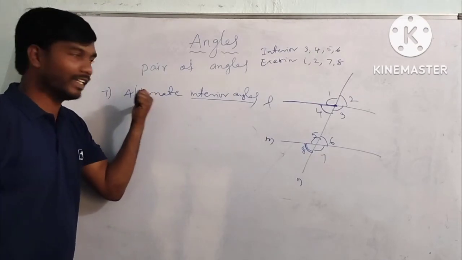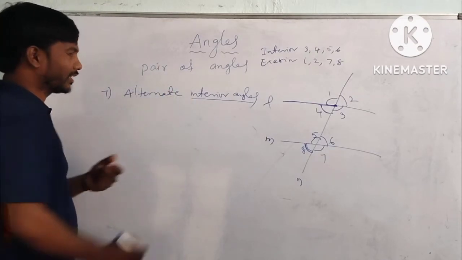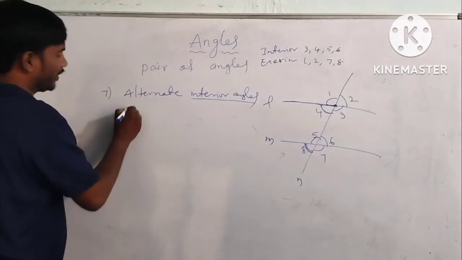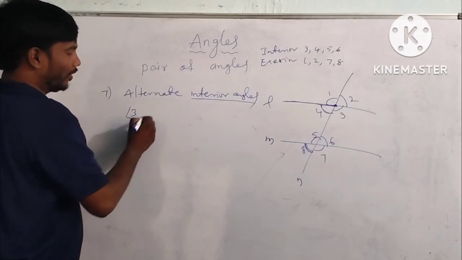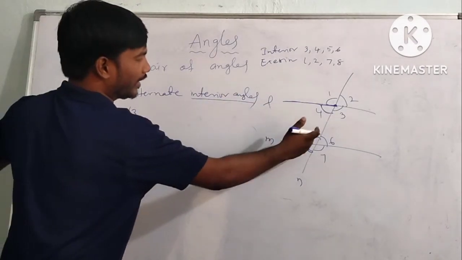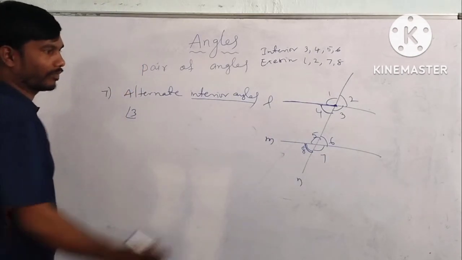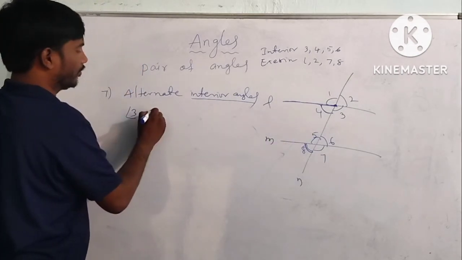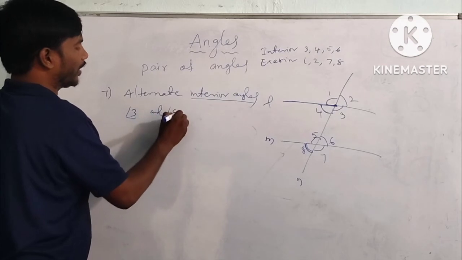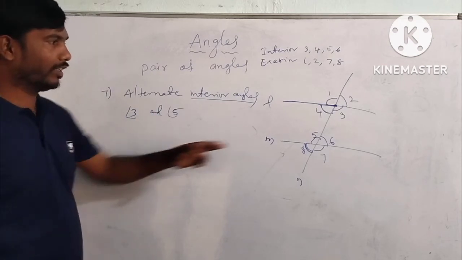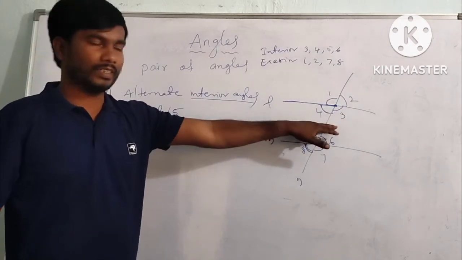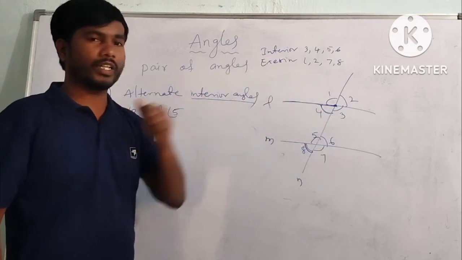Alternate interior is asking for alternate, different sides. What is the alternate for 3? Another side, that is 5. Sir, why are you taking 3 and 5? 3 and 4 are also on different sides of the transversal. Why are you not taking 3 and 4?